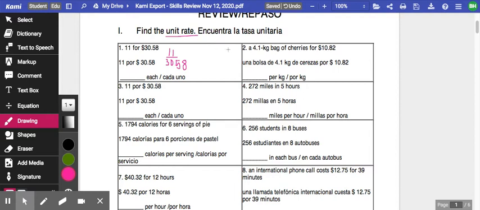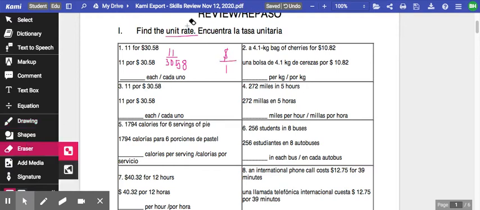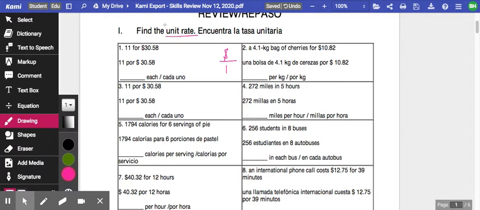So we actually want to do price for 1. In that case, our price needs to go on the top of our ratio. So I'm going to go 30.58 over 11.